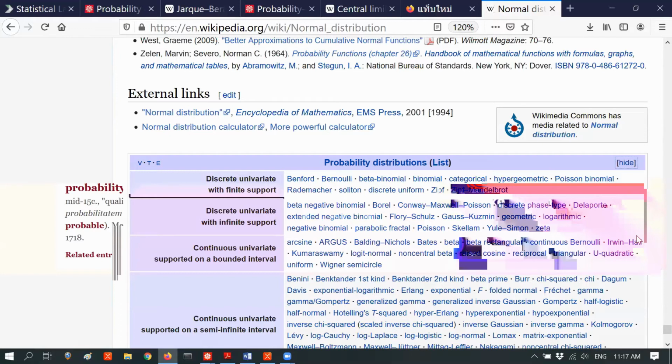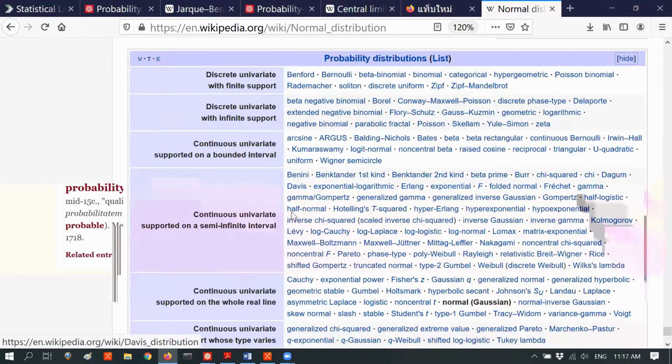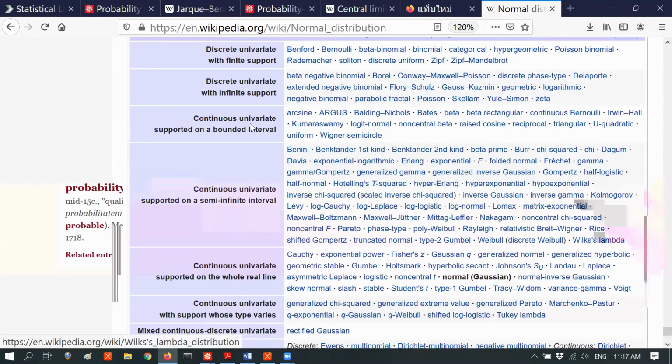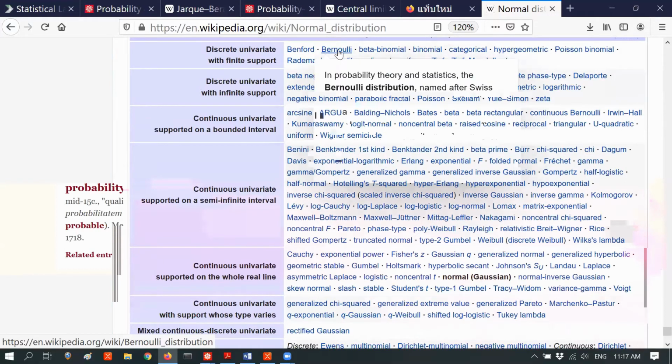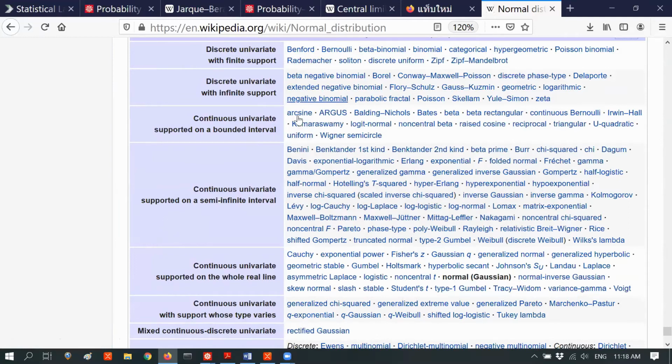Okay? Are you dealing with univariate? Are you dealing with discrete? Continuous? Okay? So let's say those are the ones that are familiar to statisticians. But I'm only asking you to look at these: Bernoulli. Poisson. Not binomial, Poisson. Uniform.